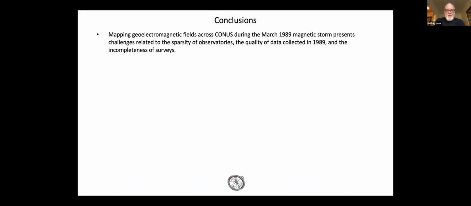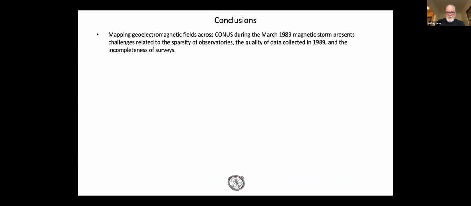Mapping geoelectric and magnetic fields across CONUS during the 1989 storm presents challenges due to the sparsity of observatories, the quality of the data, and the incompleteness of the survey across the Southwest United States.